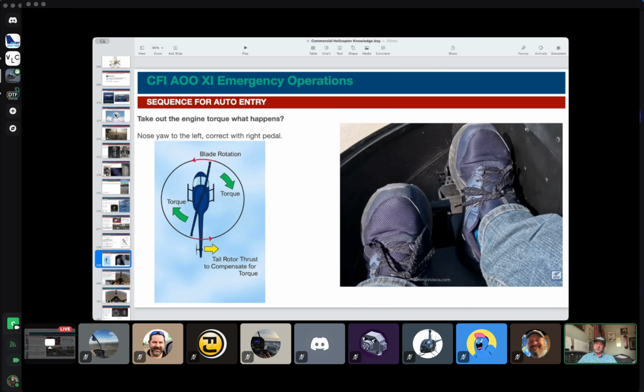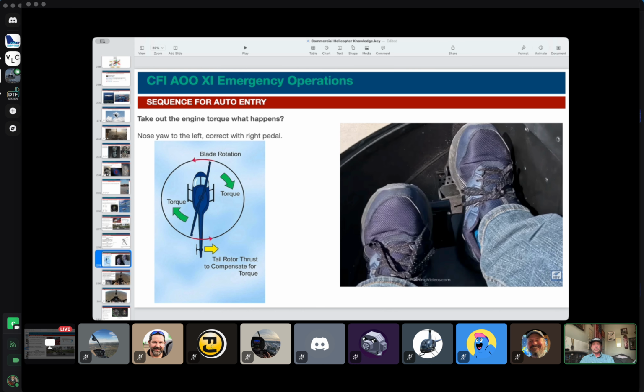All right. So when we take the engine torque away from the helicopter, what happens, right? I'd expect the student to be able to tell me what happens here when we take the engine torque out, and how the tail rotor affects the helicopter.